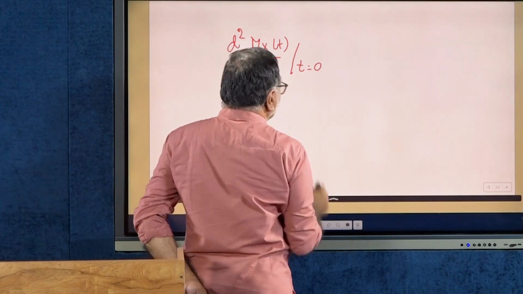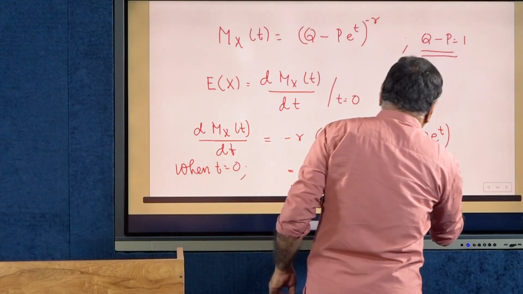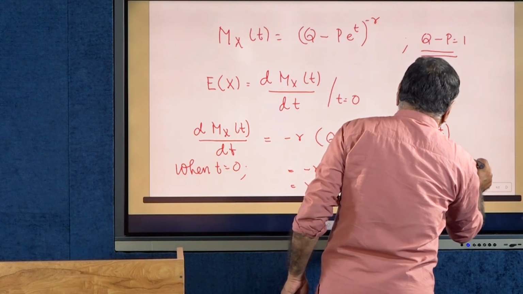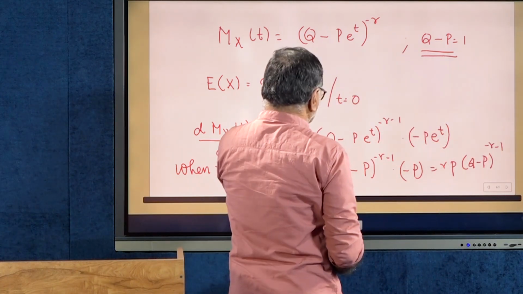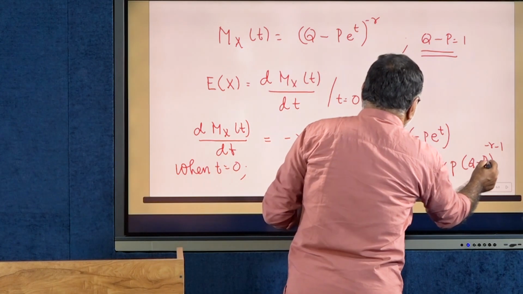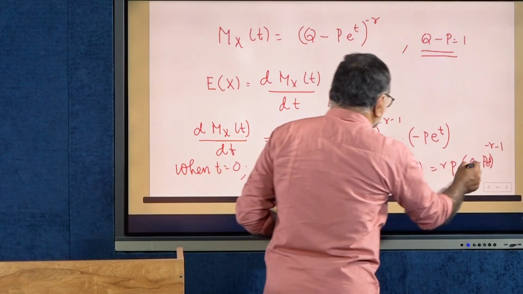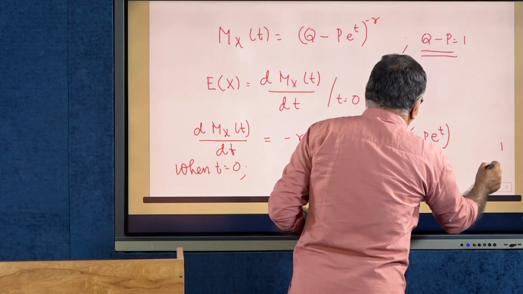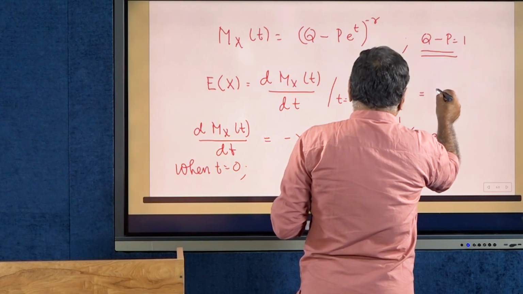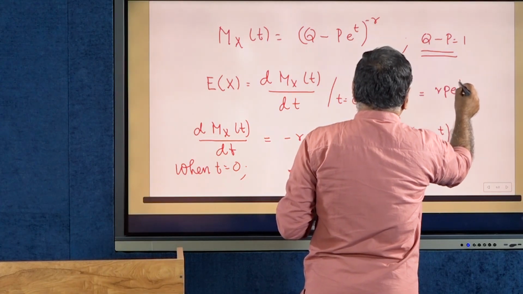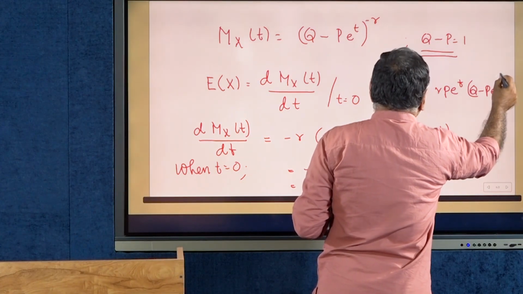You find this value. We have this is equal to rP e power t (Q minus P e power t) all power minus r minus 1.